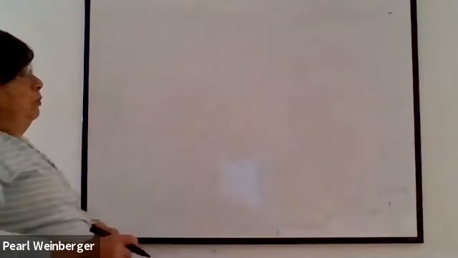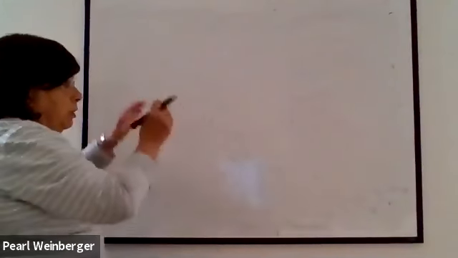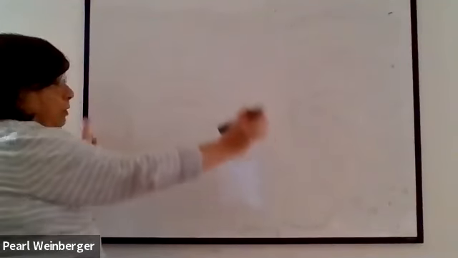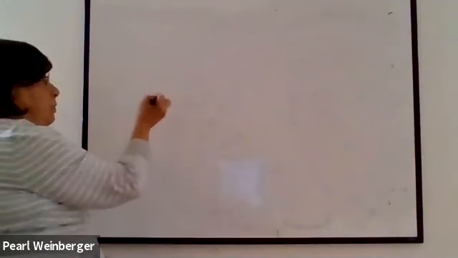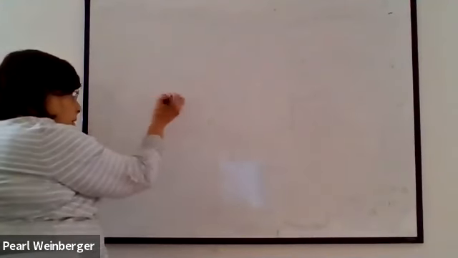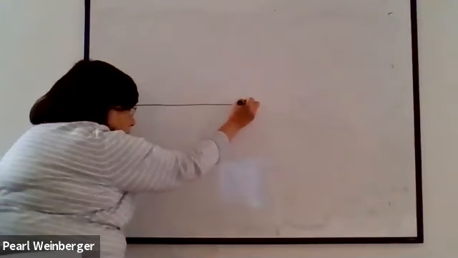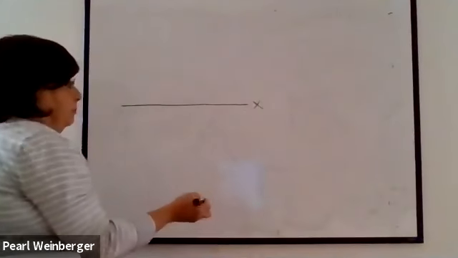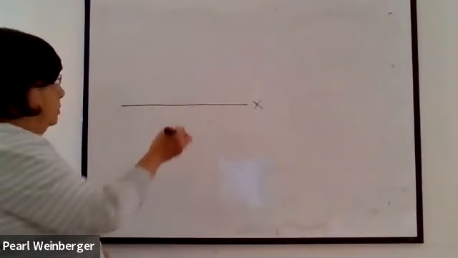Okay, when we graph, we're not just graphing on a number line, but on what we call the whole plane, the whole flat surface. And we have two lines that we start off with. One is a horizontal line, which is called the x-axis. It is simply a number line.